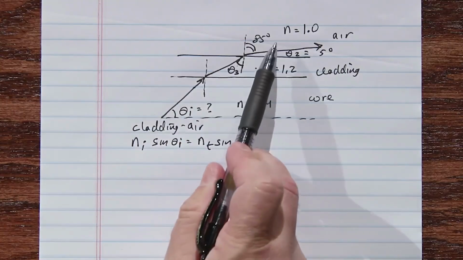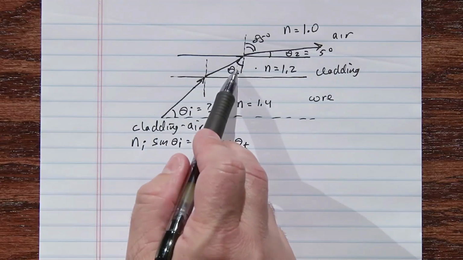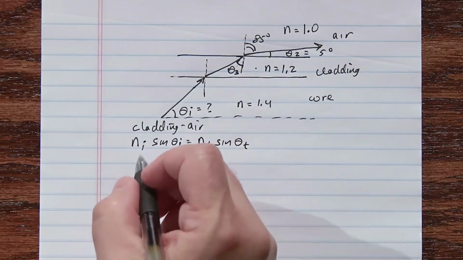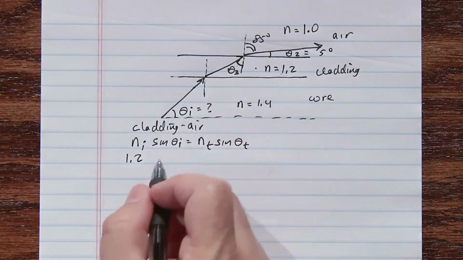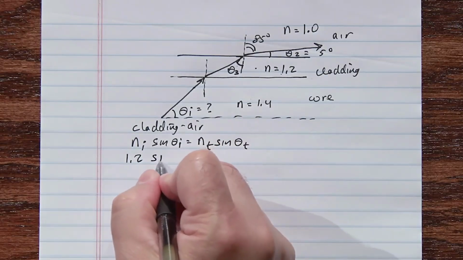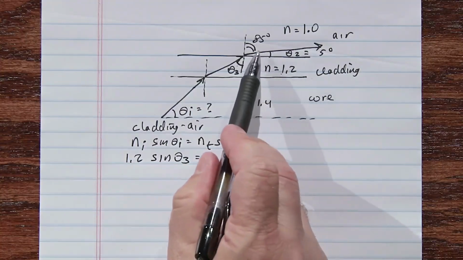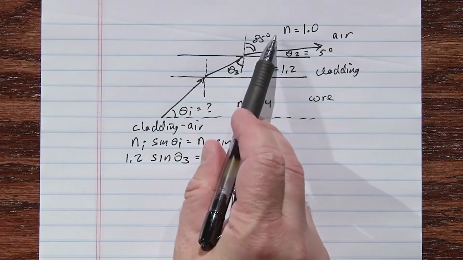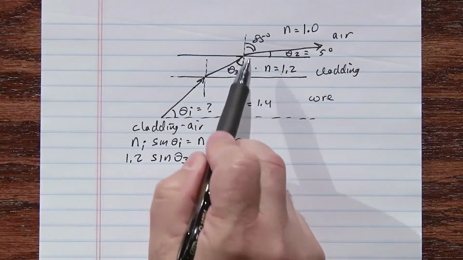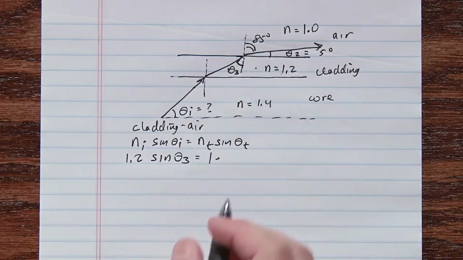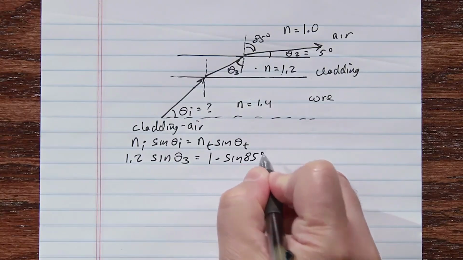So as we're going from the cladding to the air, it is incident from the cladding side, so N incident is 1.2. Theta incident is theta 3, so we have sine of theta 3 here. The index of refraction in the transmitted region is 1. The angle in the transmitted region is 85 degrees, so we have the sine of 85 degrees.